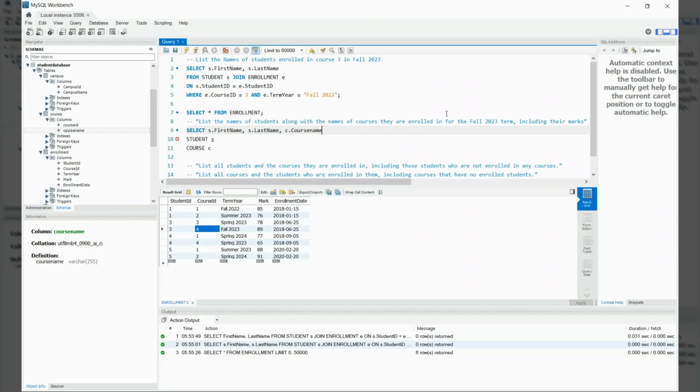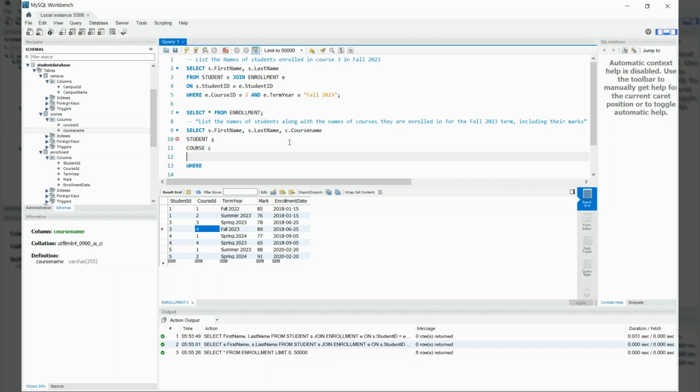And then it says they are enrolled in for fall term 2023, which means we have a condition here. So we can write the condition as where term year, which is from enrollment.